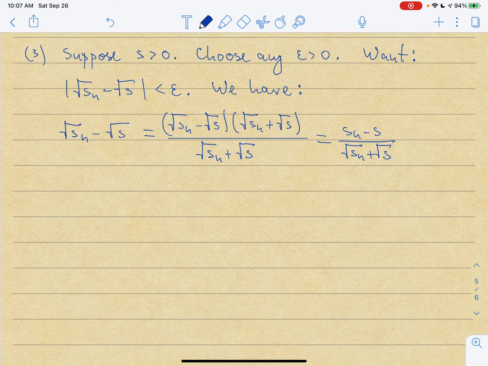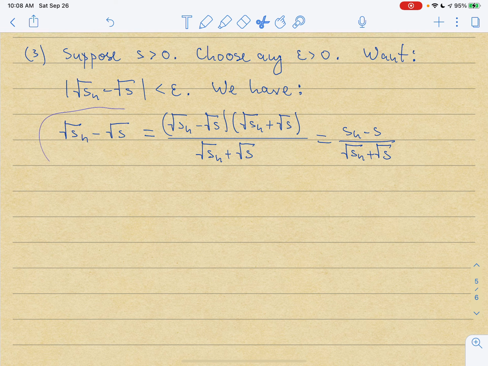And here, what I can see is that in the denominator I have two numbers, square root of Sn and square root of S. And I know that both of those are positive. And I know that S is not equal to 0. So what I can do is drop square root of Sn from the denominator.